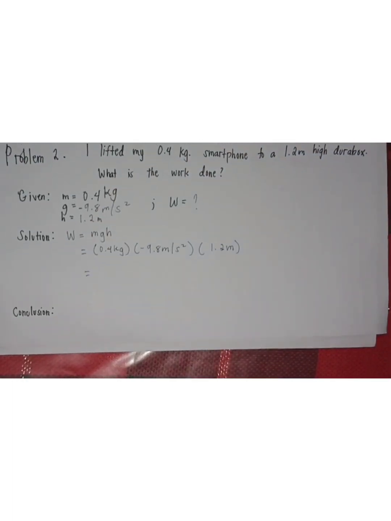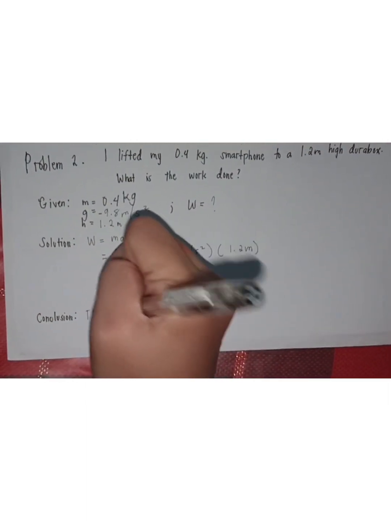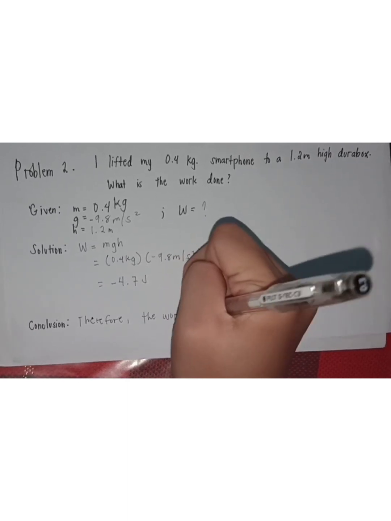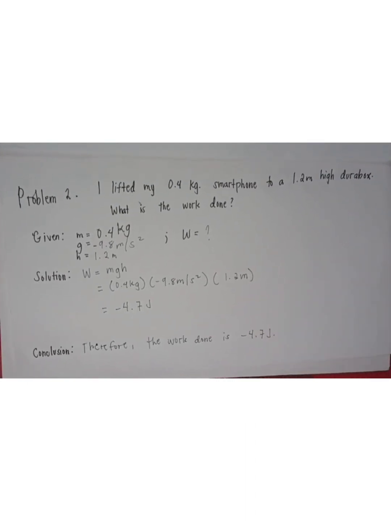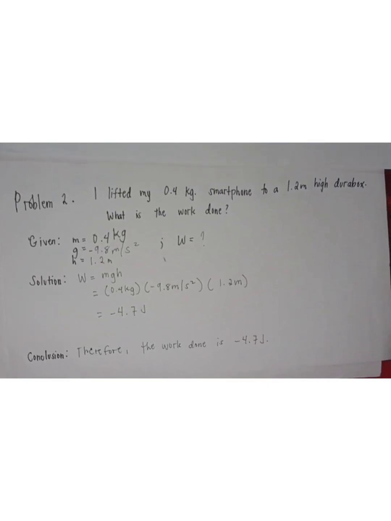So the answer will be negative 4.7 joules. Therefore, the work done on the smartphone is negative 4.7 joules.